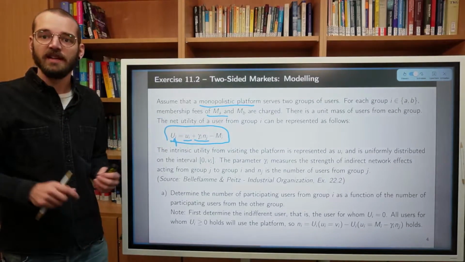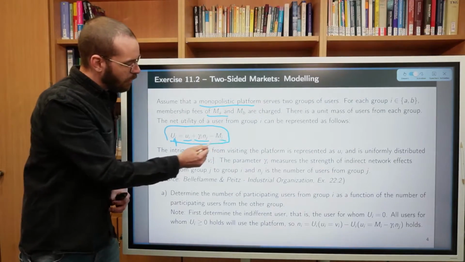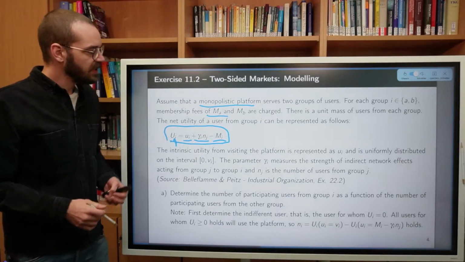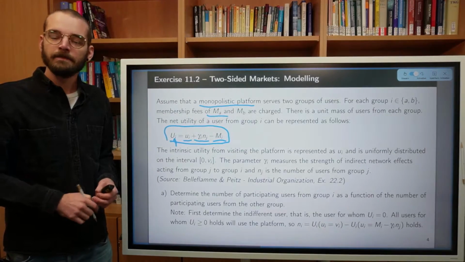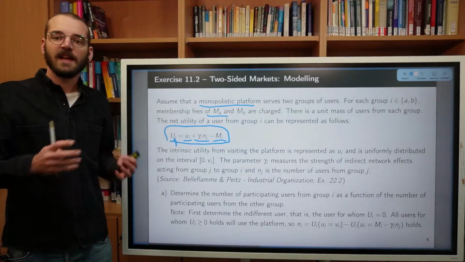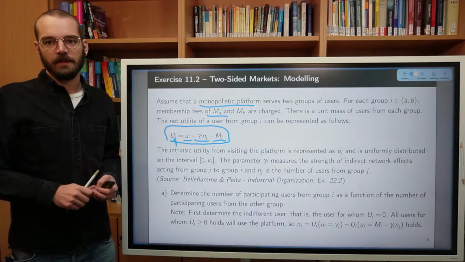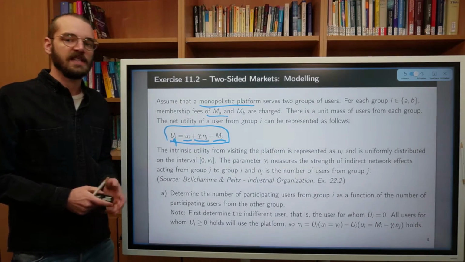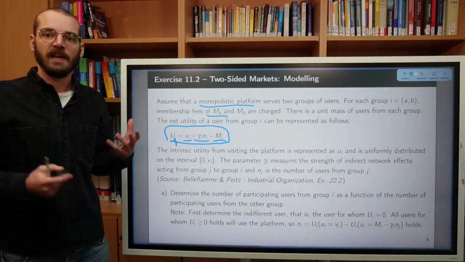Index i and index j can be interchanged. And then finally, the third and final part of this utility function is, well, we have to consider that users from group i have to pay some fixed fee, capital M_i, in order to participate on the platform. And this fee, of course, has a negative impact on the utility that the user gains from using the platform.